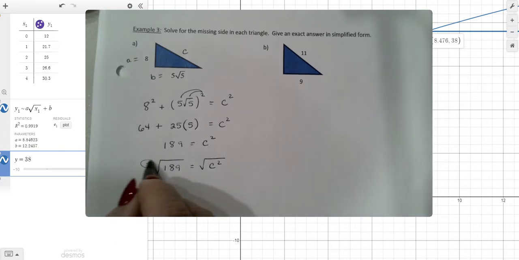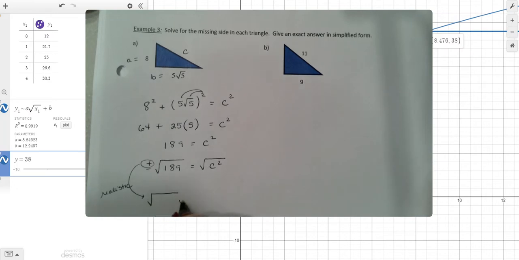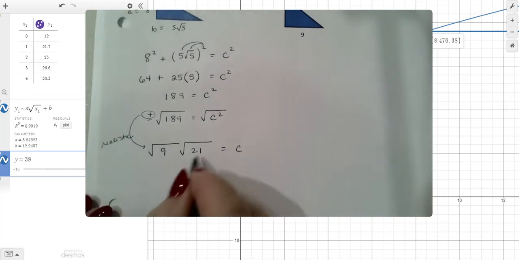So realistically, we want to keep just the positive answer in this particular case. I don't think that comes out evenly, but I could break it down and simplify that radical. Let's see, 189, I can see that 9 goes in there 21 times. So the simplified form of my answer would be 3 times the square root of 21.